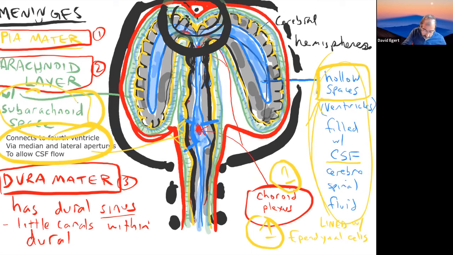So that would be 2, going into the subarachnoid space. But then from the subarachnoid space, we have those little dural sinuses that we can get to through the arachnoid villi. So 3 is going into the dural sinuses via arachnoid villi.